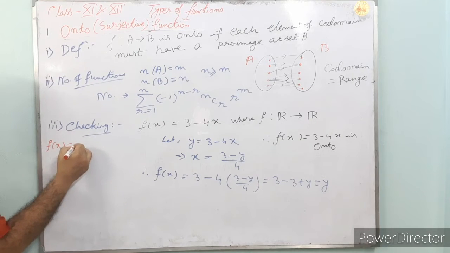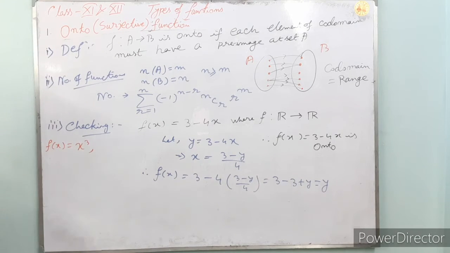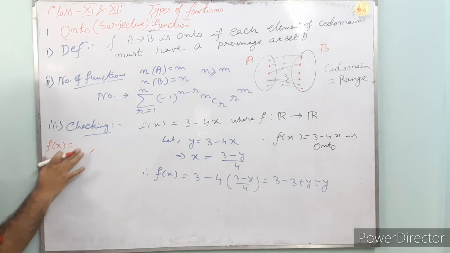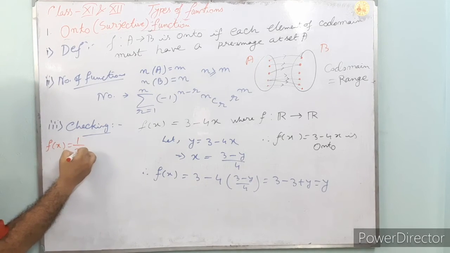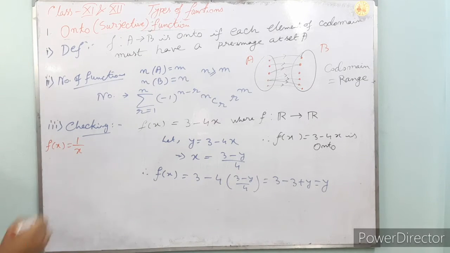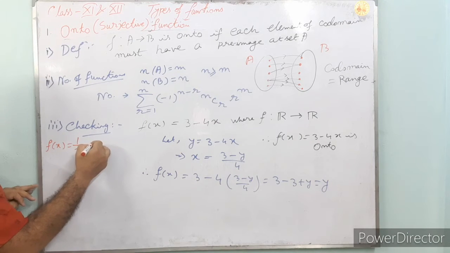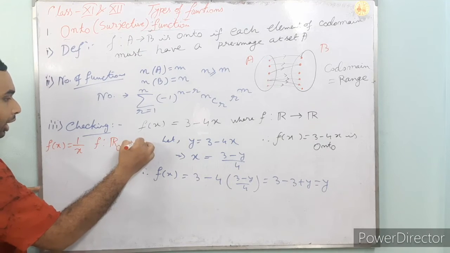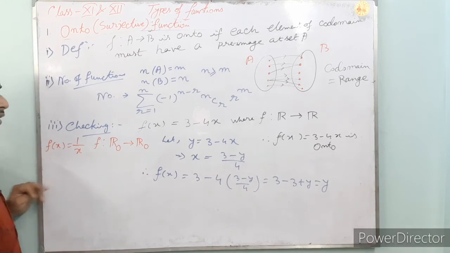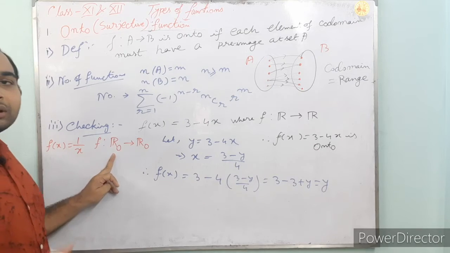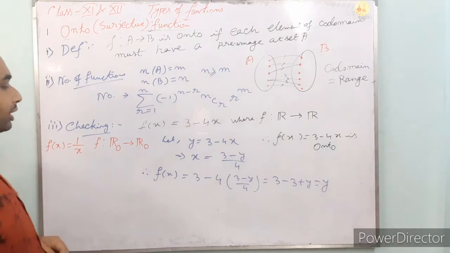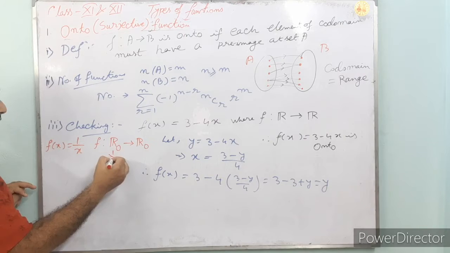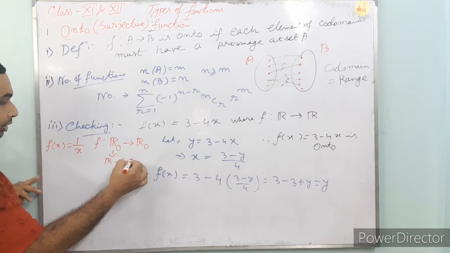I am taking another example: f(x) = 1/x, where the function is defined from R0 to R0, where R0 is the real numbers except 0, which can be written as R minus the singleton {0}.